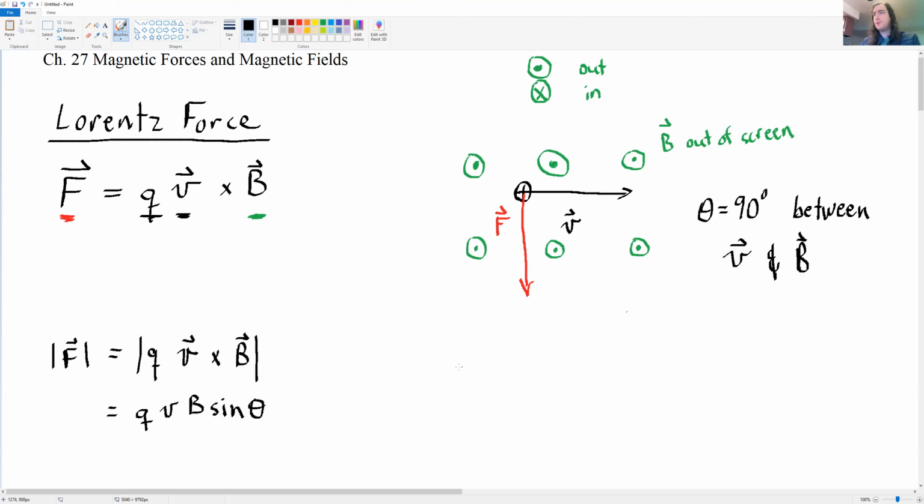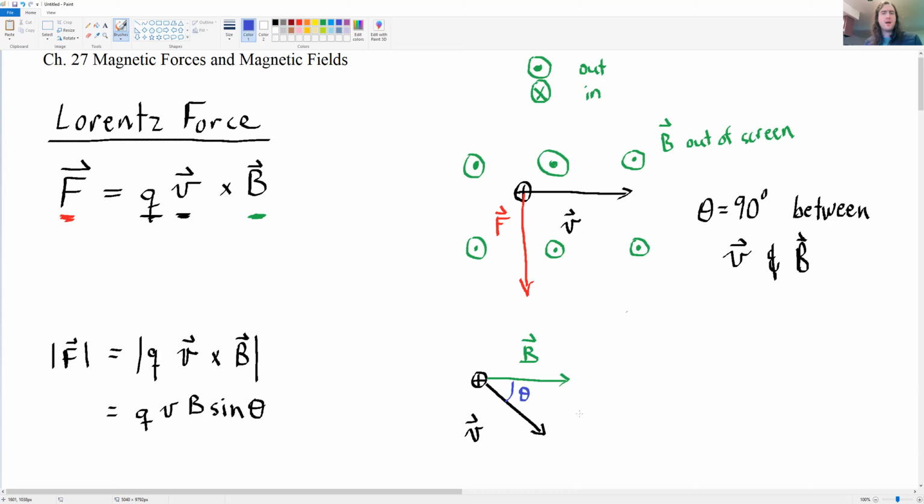We'll actually do an example in a little bit, where we have maybe a velocity vector like this for some charged particle. And maybe the magnetic field here is in this direction. Okay. And so now they're making an angle. Maybe we'll use blue here for the angle.